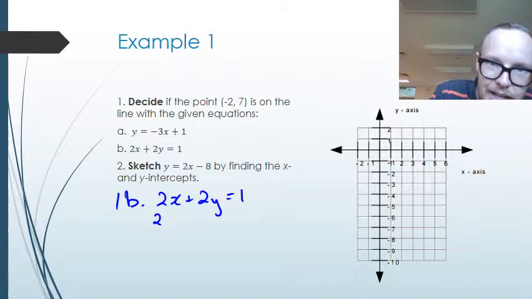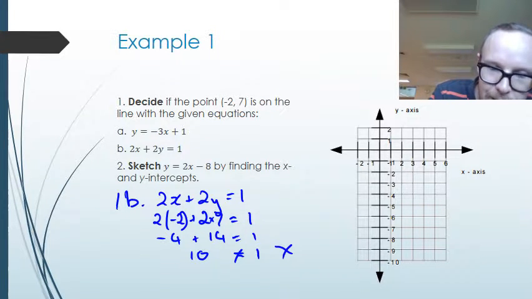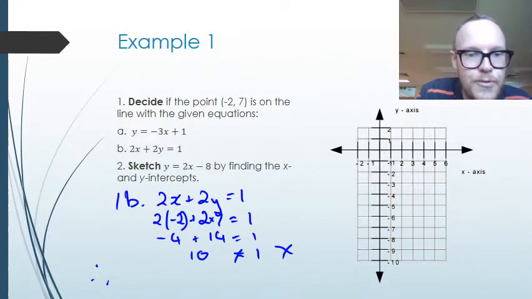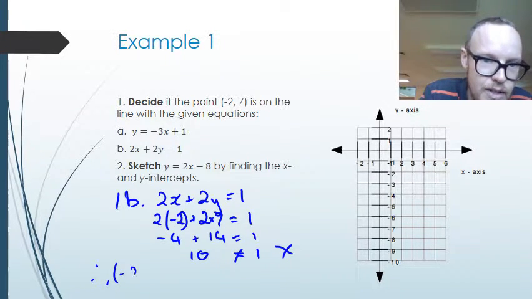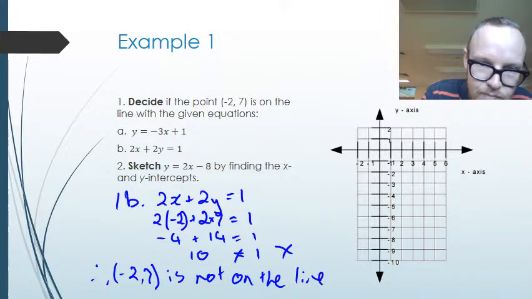Substitute in our values, x value of -2, so 2 times -2, and our y value is 7, 2 times 7 is equal to 1, so we're left with -4 plus 14 equals 1. -4 plus 14 is 10. 10 is not equal to 1, therefore the point -2, 7 is not on the line there.